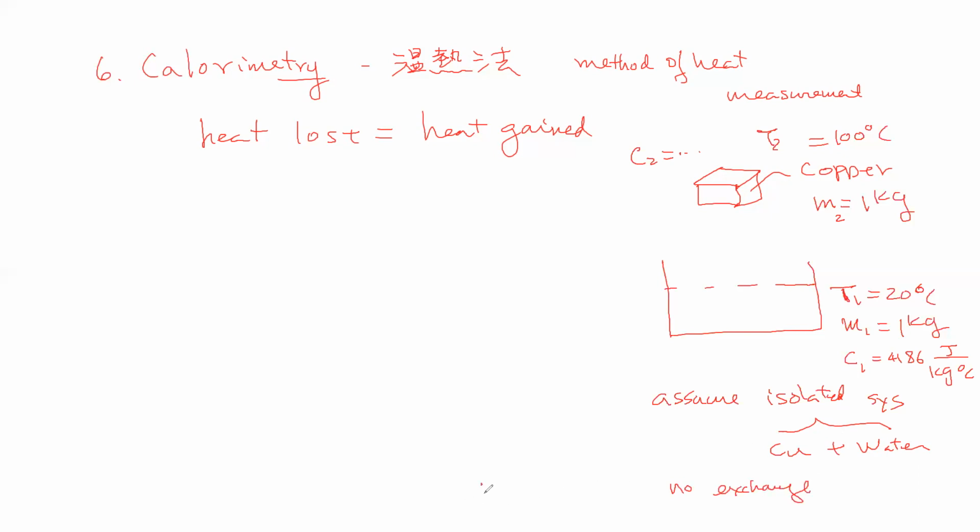Isolated in Chinese is 孤立, okay? 孤立系统. No exchange of energy and no exchange of mass. So that's an isolated system. In this case, we assume the copper and the water is an isolated system. So this is only for the isolated system.